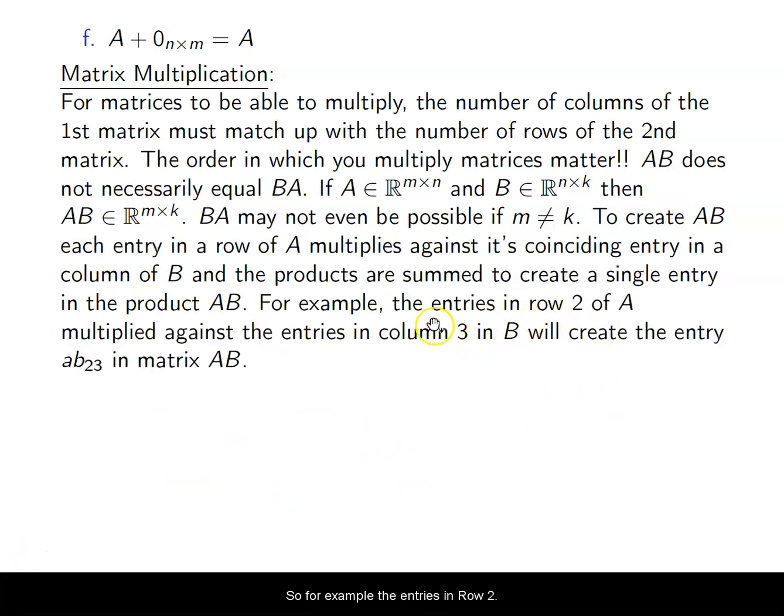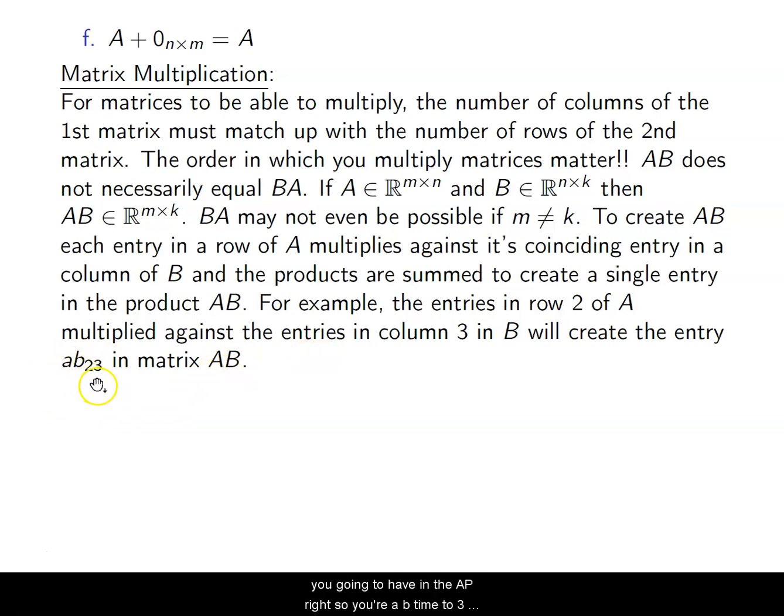So for example, the entries in row 2 of A multiplied against the entries in column 3 of B will create the entry for 2, 3 in your new matrix AB. Okay, so this AB here, this subscript is the term for the value that you're going to have in the AB, right?